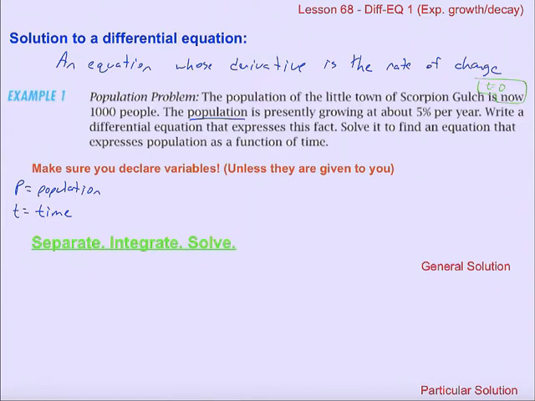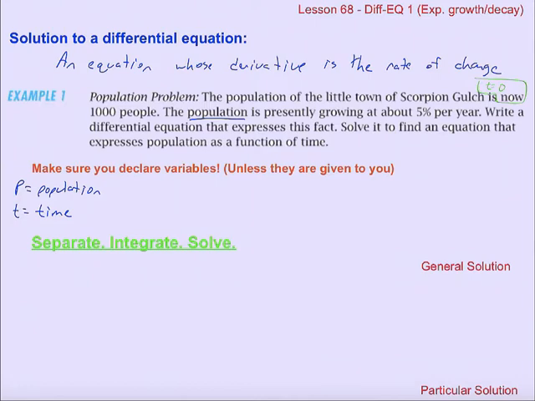Important to kind of identify in our heads that time is the x variable, the independent variable. The p, the population, is the y variable. And so when we're talking about the rate of change, it makes sense that we have dp dt.